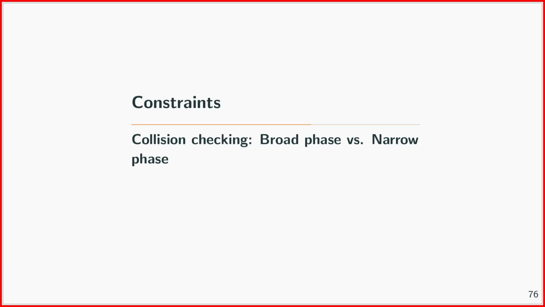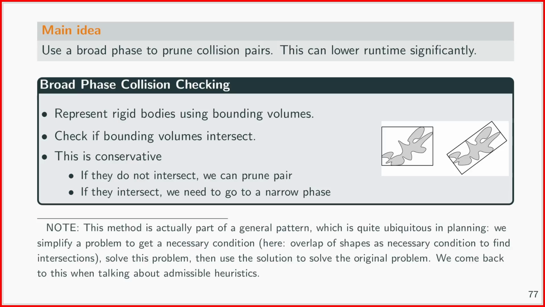And I would say one of the most important ideas here in collision checking is this broad phase versus narrow phase approach. So the idea is basically that you have a broad phase in which you are trying to prune collision pairs. And then you have a narrow phase afterwards where you try to really check if two collision pairs are in collision.